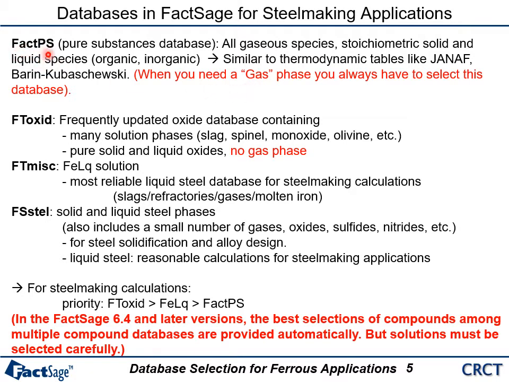the PACT PS database. And we have the FTOxide database, which contains a lot of oxide solid solutions and stoichiometric phases. We have the slag solution, spinel solution, monoxide solution, and all kinds of other solutions. I'll explain this one later. Then we also frequently use FTmisc, especially the FELQ solution phase inside this database.